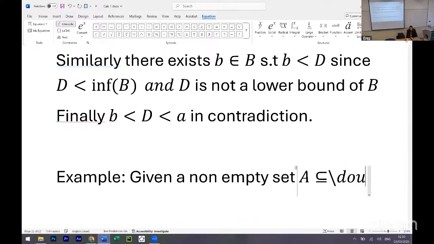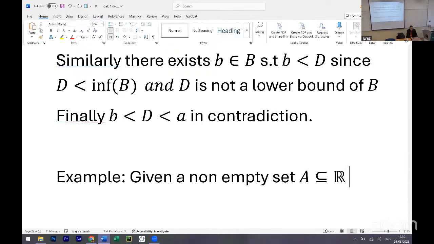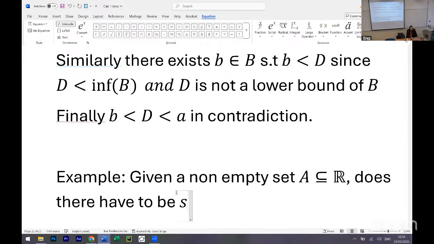Does there have to be a supremum of A? Does every set have a supremum value?